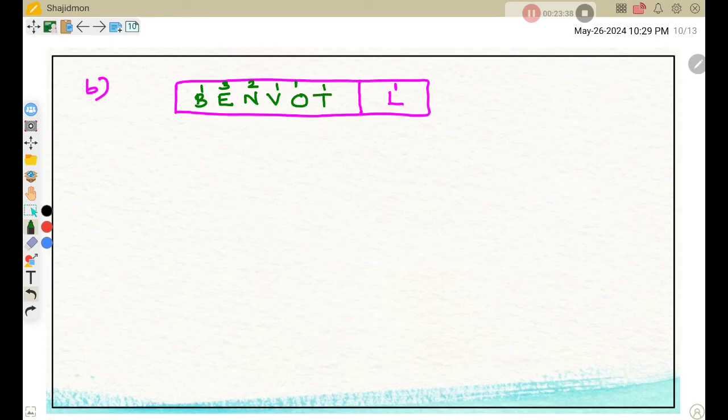Like this, how many permutations, how many arrangements can we create? When we are doing this question, you can see the last letter, how many possibilities? Only one possibility, because only letter L. Last letter should be L, correct? So how many possibilities are there? Only one possibility. So 1 multiply. Now here how many ways can we arrange B, E, N, V, O, T?